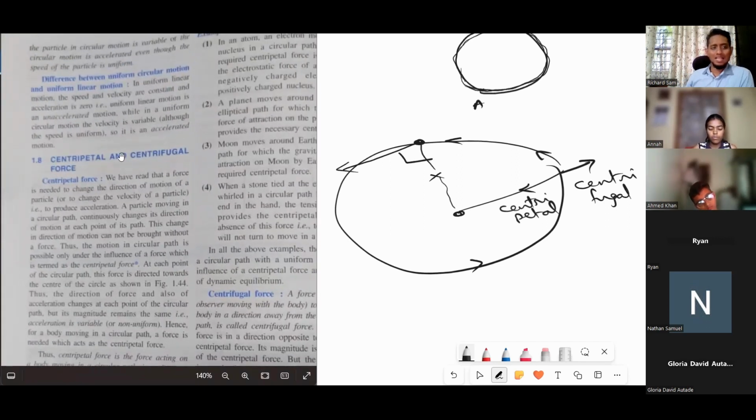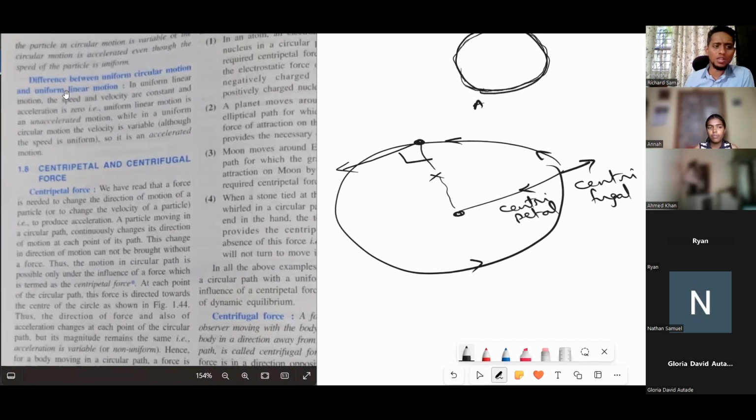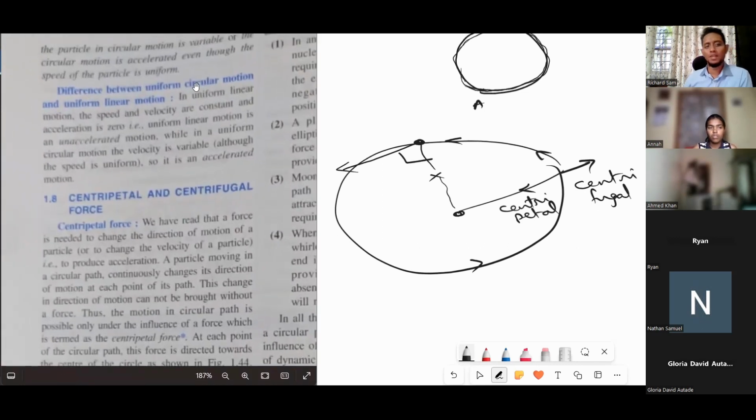What is the difference between uniform circular motion and uniform linear motion? Uniform circular motion is an object moving at a constant speed. Uniform linear motion means in a straight line, so that object is moving at a constant speed or velocity, it doesn't matter, because when you're moving in a straight line, speed and velocity are the same.